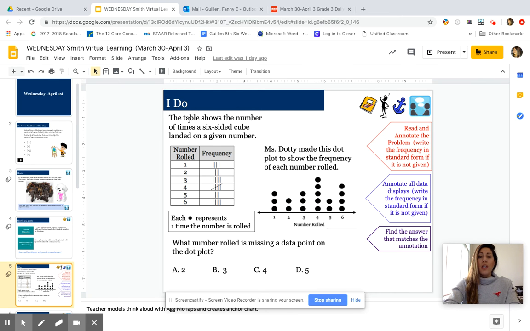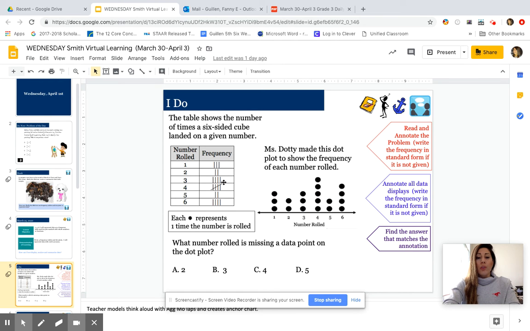It says, the table shows the number of times a six-sided cube landed on a given number. So we're talking about a cube, a dice, and they rolled that dice, and this is how many times it landed on the number one. Frequency, that's one of our vocabulary words, means how often it happens. They rolled a 1 and it happened 3 times. The 2 popped up 2 times.